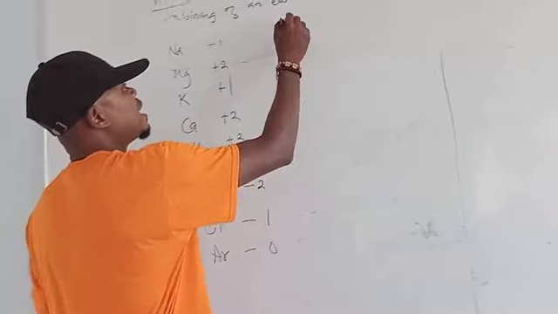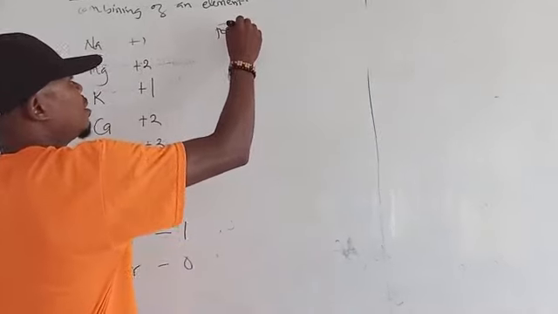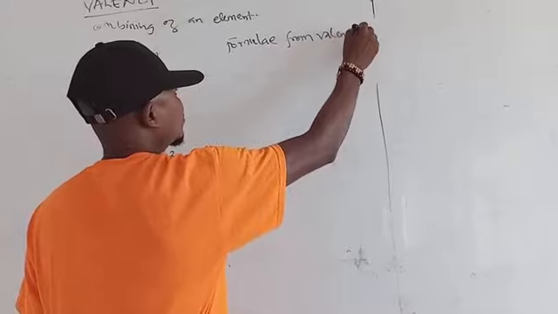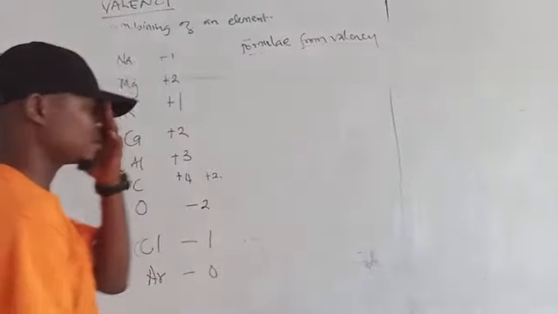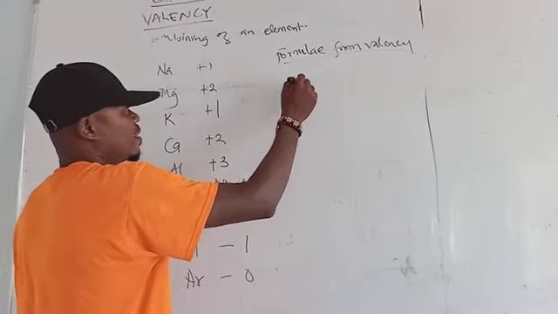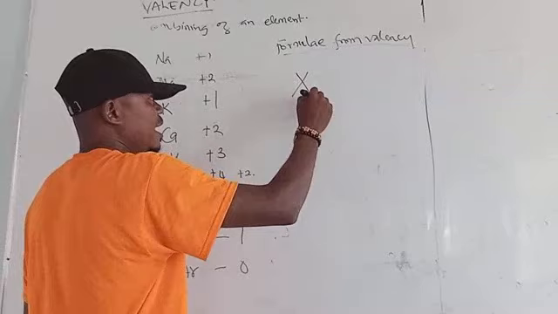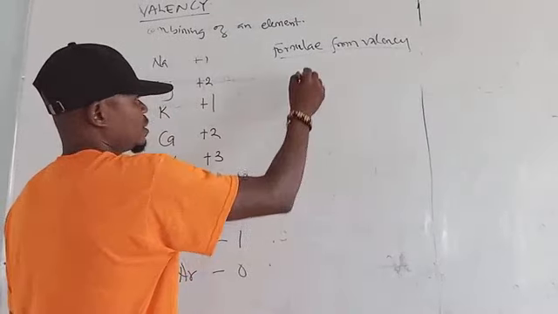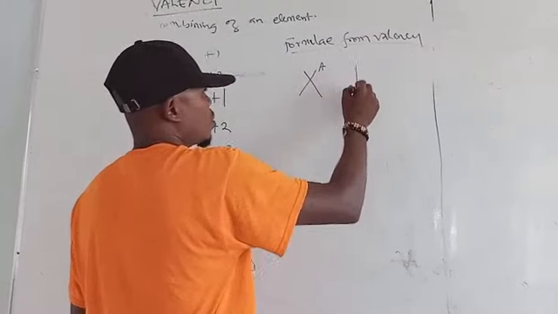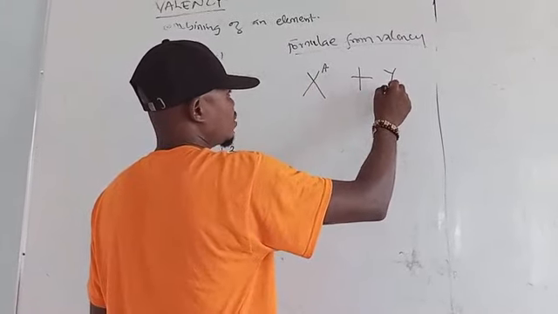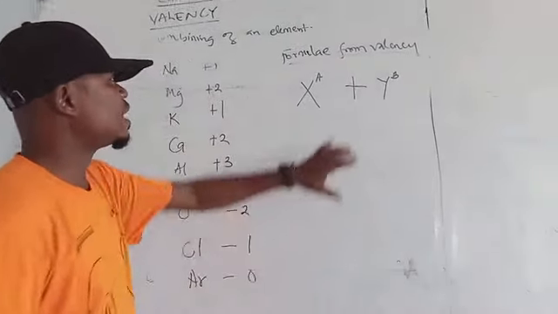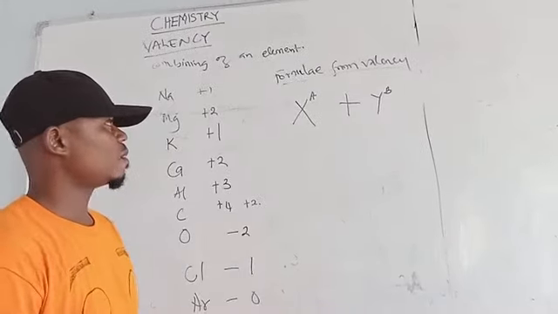Now, how do we write formulae from the valency of elements? It's a simple rule that you must follow. If you have element X with an oxidation state of A combining with element Y with an oxidation state of B, we are trying to see how we can derive the formula of the compound that will form.